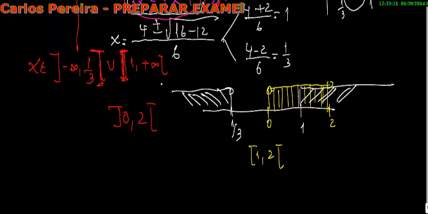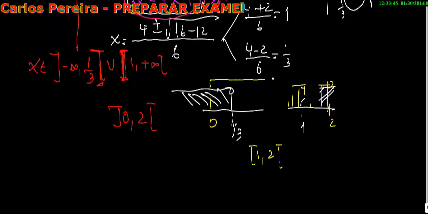Oh yes, you are right, I made here a mistake, because 0 is not well located. I'm sorry, I'm going to clean the figure, and so 0 must be over here, okay? So if I have 0, if I have 2, I'm going to paint again, and so I have 2 intervals, okay?